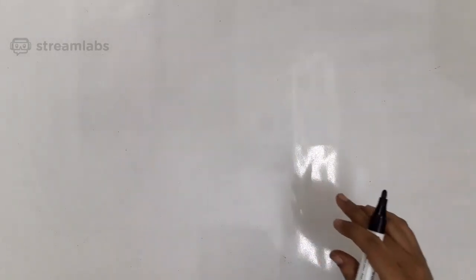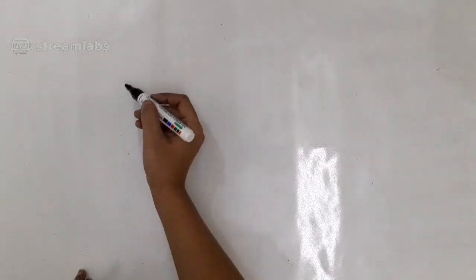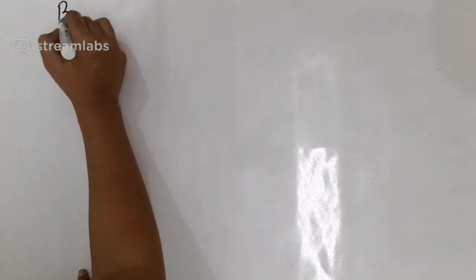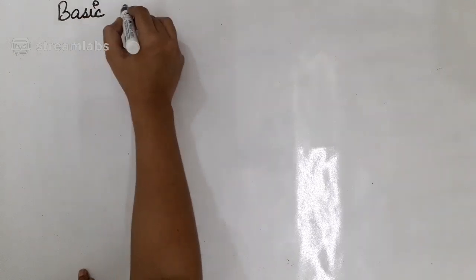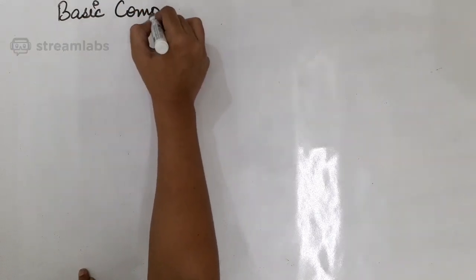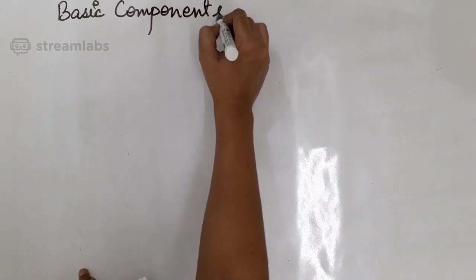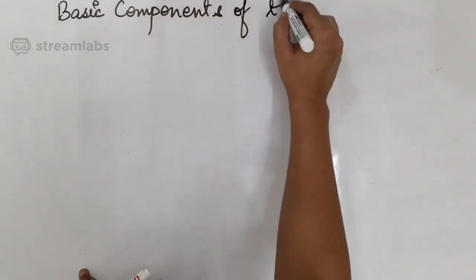Now let us recall whatever cell organelles we just studied. Firstly, we studied about the basic structure of a cell that contains the basic components of the cell.